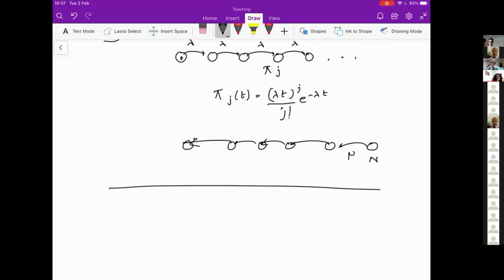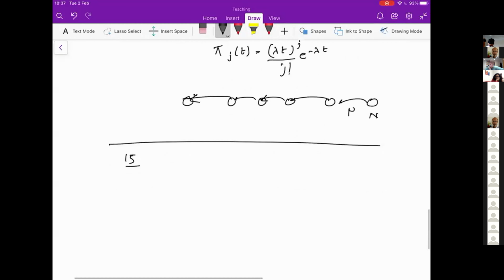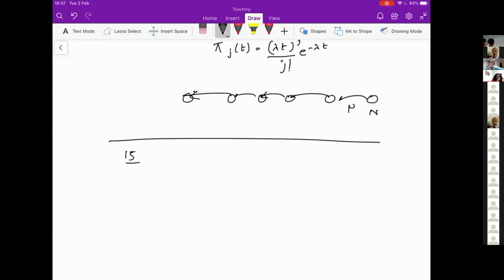Okay, let's move on to the next one, which is the stationary probability of a birth death process. Here we're going to compute the same stationary probability, but we're going to use equation 6.30 to do this. Equation 6.30 is on page 261. Here we find the transition probabilities specifically for a birth death process.